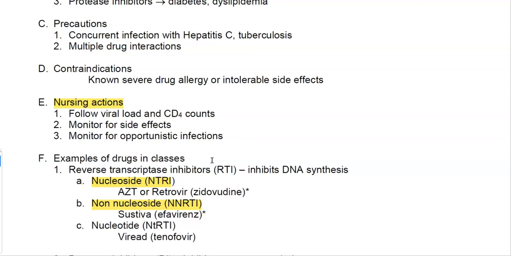It just depends on the patient, the condition, as well as the medication. And a very important part is also to monitor for opportunistic infection. Again, one of our goals for treatment is to prevent opportunistic infection. So if the patient keeps on getting opportunistic infection, we need to ask ourselves, is the treatment working? And if it's not, what else can we do about it?